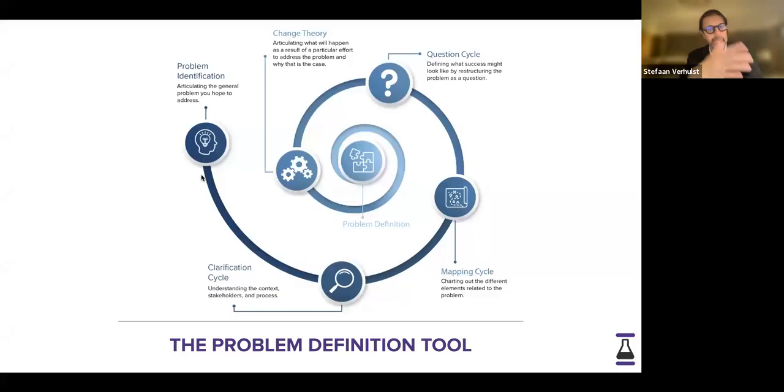And so, as I said, I'm not going to go into detail about problem definition, but at GovLab we've developed a problem definition tool, because we have come to the realization that problem definition, while it sounds obvious, is not as obvious and not as well established as one would hope, and is especially important if we start using data to answer questions that can inform the problem and how we go about solving it.